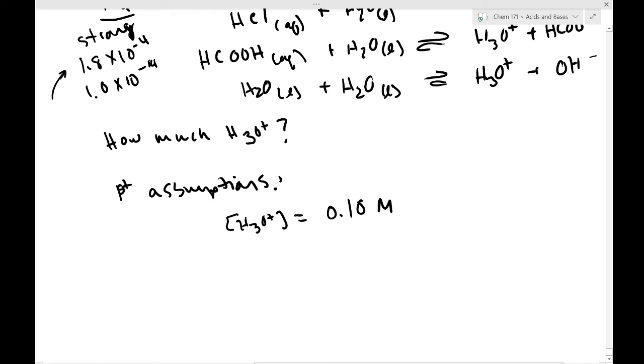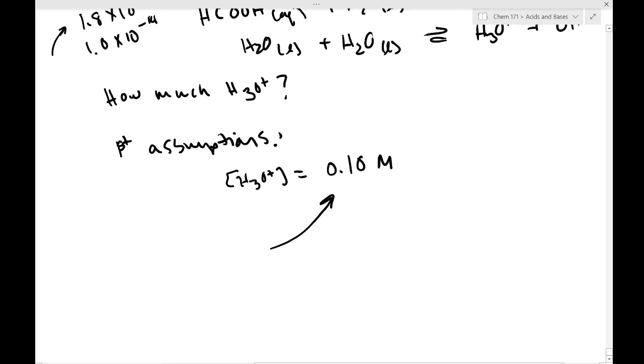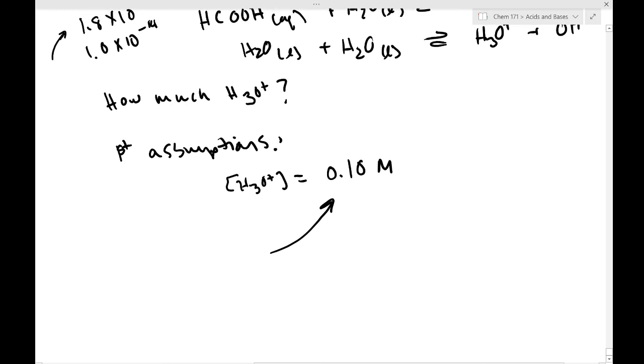This high H3O+ concentration isn't the exact concentration, right? We still have some that comes from the formic acid, and we still have some that comes from the autoionization. And it turns out that this will even affect the percent ionization of the formic acid itself.